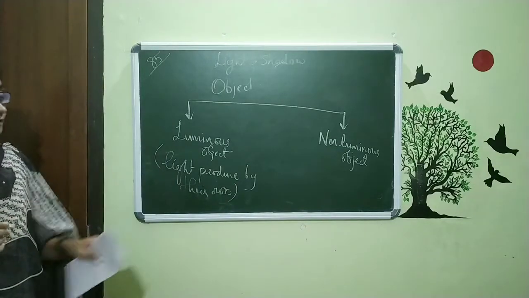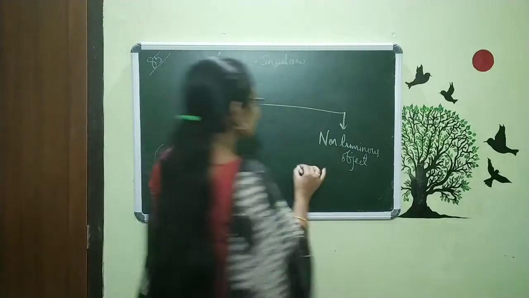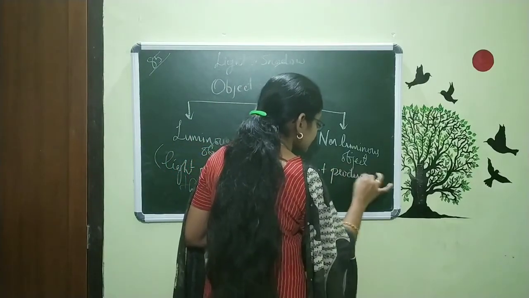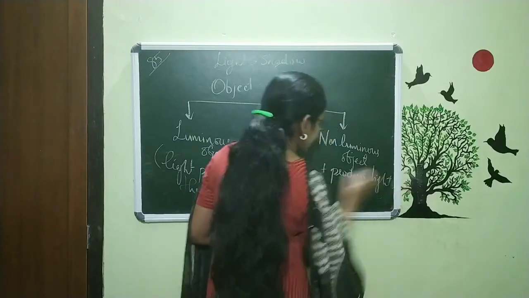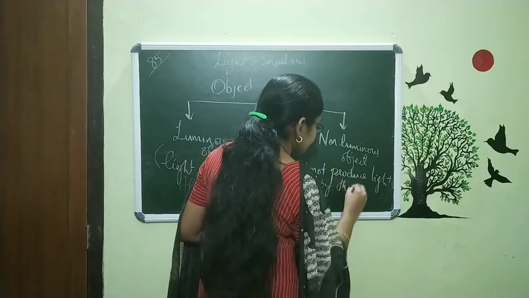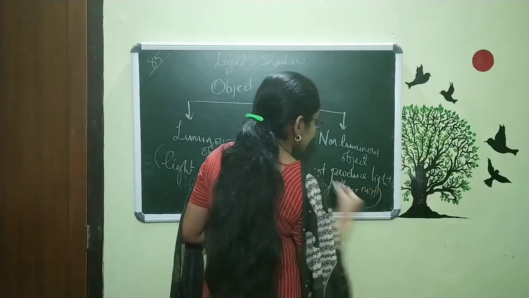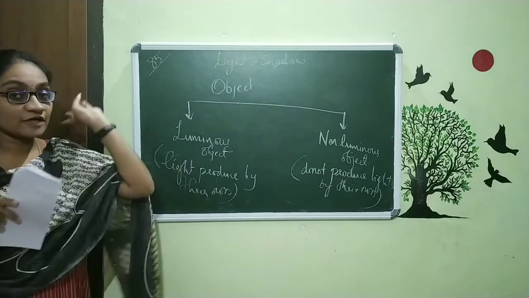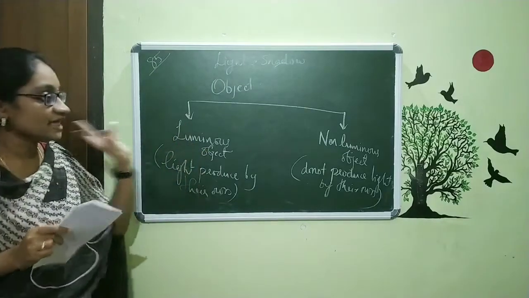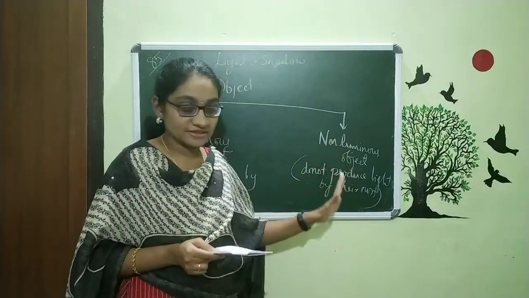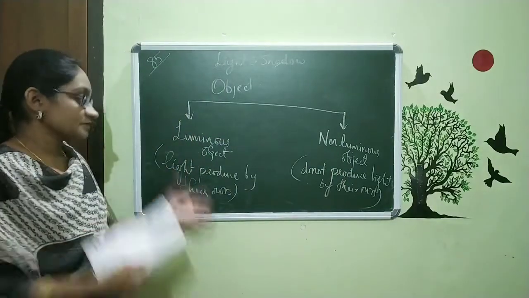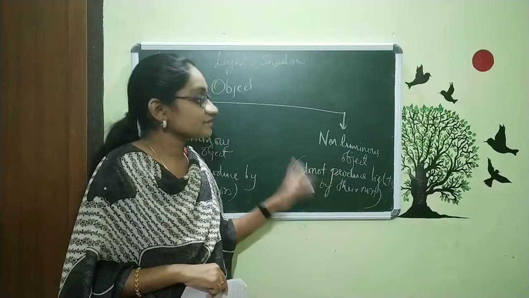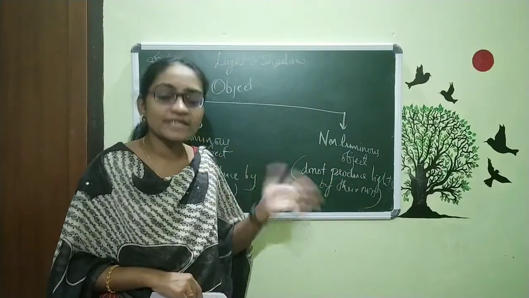And non-luminous objects are the objects which do not produce light by their own. So, in the world, all the objects we can classify into two. One is luminous object and another one is non-luminous object. This luminous object is the object which produces light by its own, and this non-luminous object is the object which does not produce light by its own.